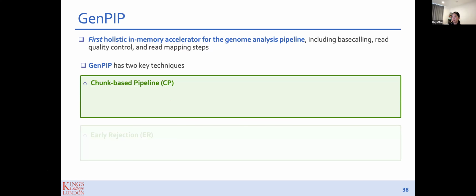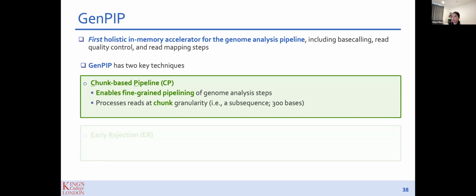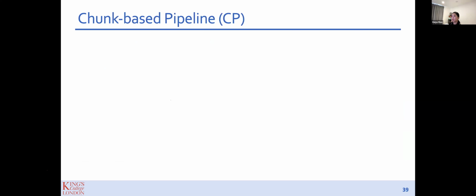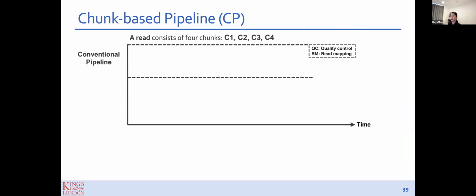First, let me talk about the chunk-based pipeline, which enables fine-grained pipelining of the genome analysis steps and processes the reads at chunk granularity, which is a subsequence, for example 300 bases. Here is a figure about the chunk-based pipeline. We first consider the conventional pipeline, where we consider a read of 4 chunks, C1 to C4.